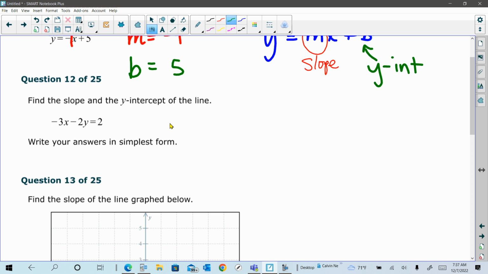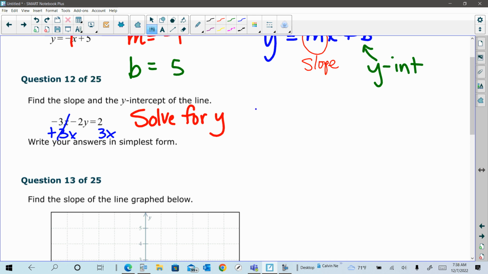Now, on a problem like 12, because it's in standard form, you need to solve for y first. That means to get the y term by itself. To do that, add your 3x to both sides of the equal sign and rewrite everything.